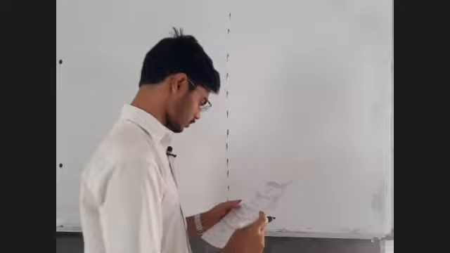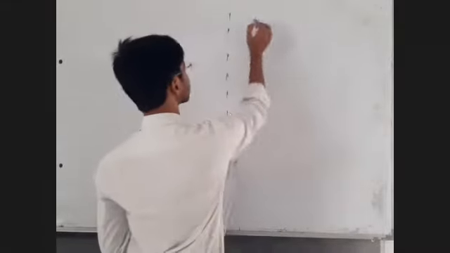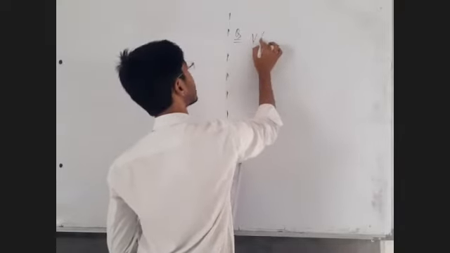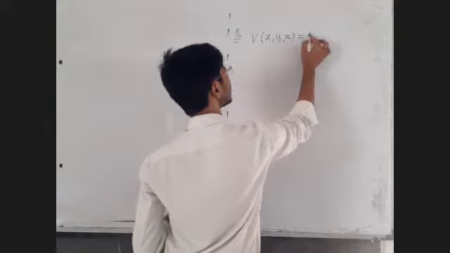So in the last lecture, we were solving one example. Electric potential at a point x comma y comma z is given by V, potential at point x comma y comma z. You can call it simply V also.